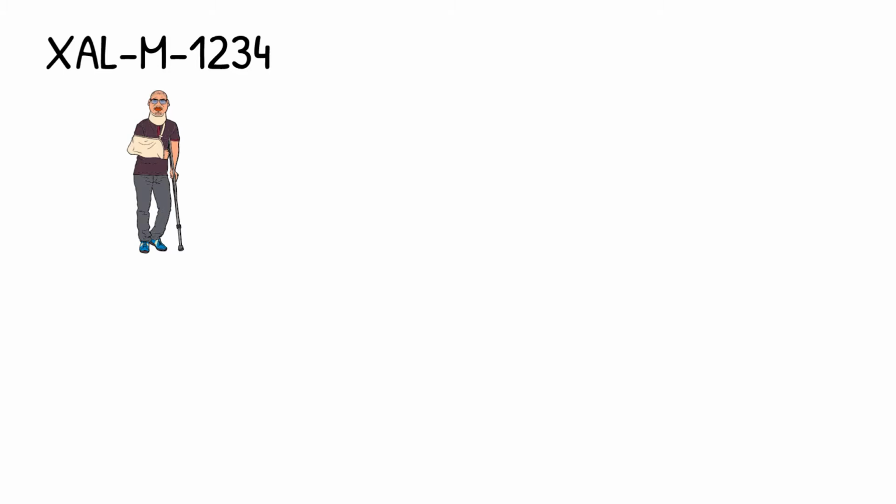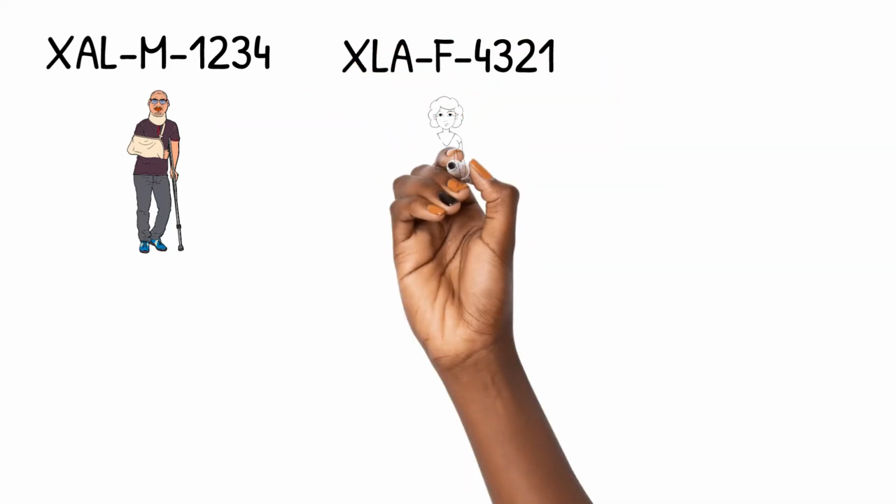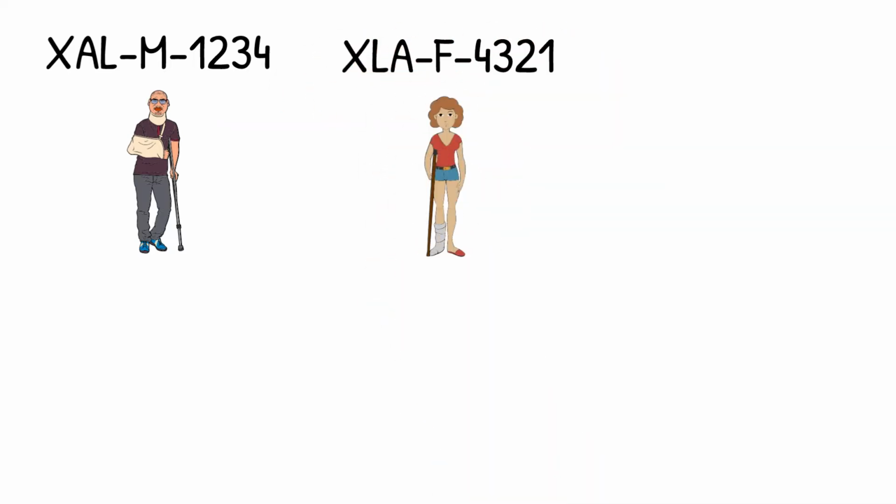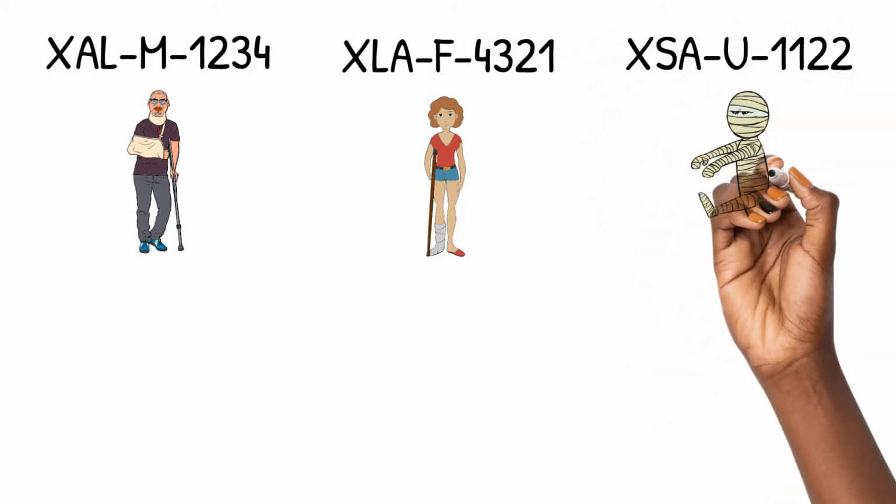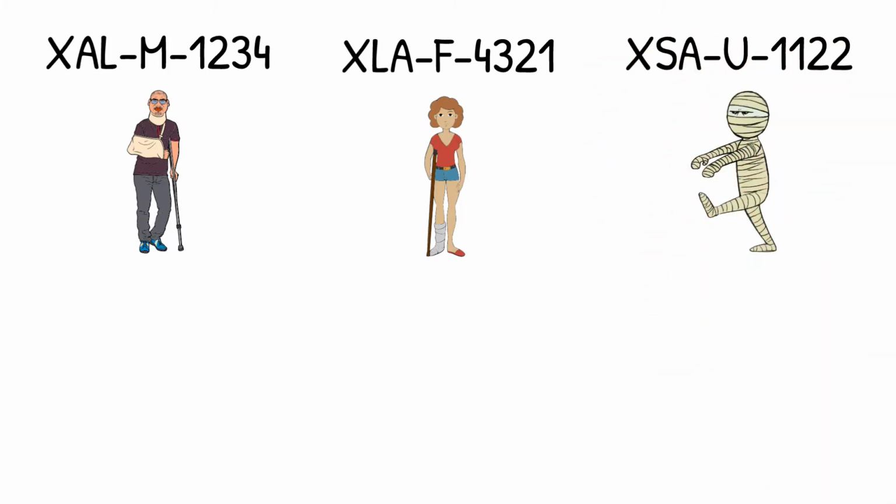So for instance, XAL, as I said, Alameda County, would be XAL-M-1234, say for that gentleman. And then another example would be XLA, which is LA County, -female-4321. And then for unknown, let's say in Sacramento, it's XSA-unknown-1122.